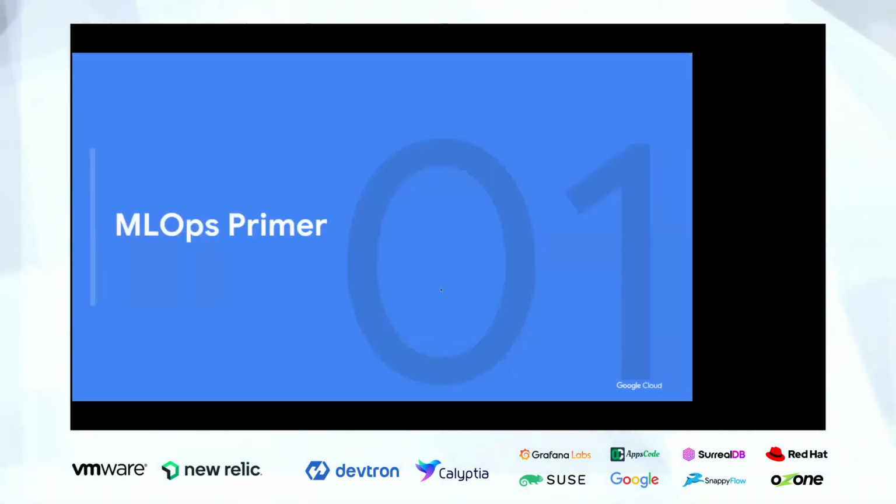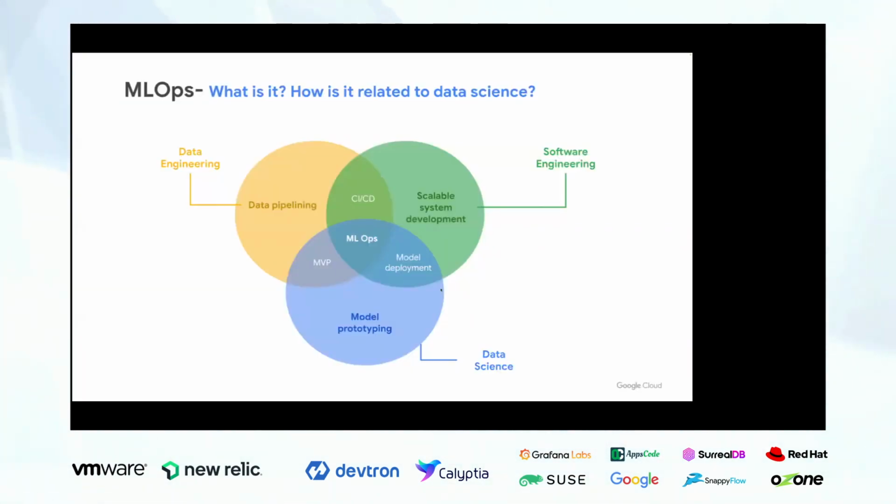So quickly moving on to the MLOps primer, I think most of us already know this, but I'll take a couple of seconds to talk about it. What is MLOps? There are three aspects of building an ML-driven production system: data engineering, data science, and software engineering. At the center of this lies MLOps.